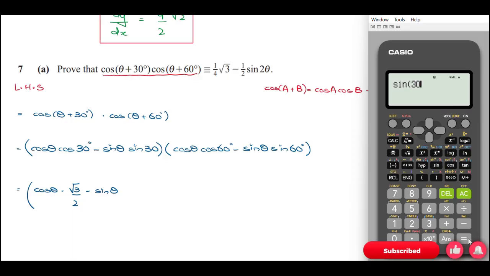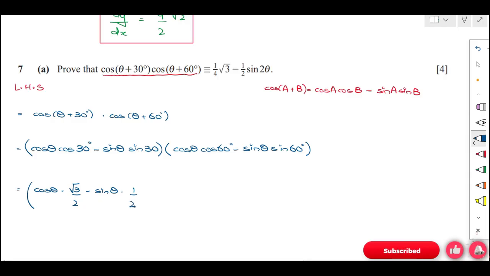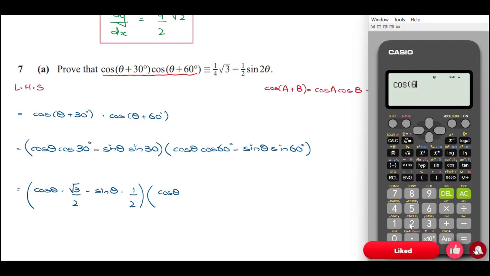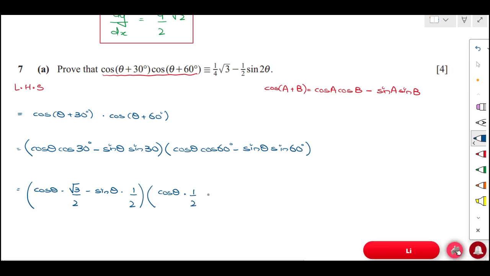Sine 30 is 1 by 2. Bracket, cos theta cos 60, cos of 60 is 1 by 2, minus sine theta sine 60, square root of 3 by 2.